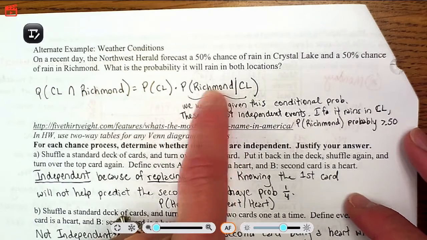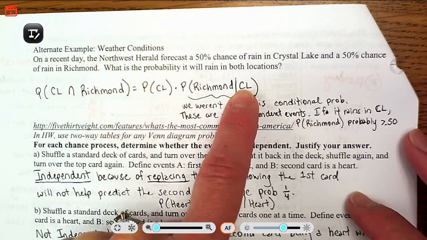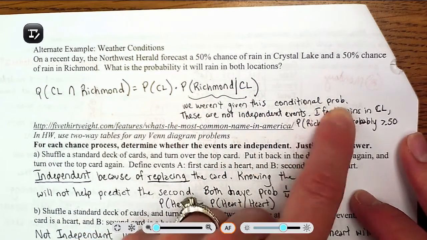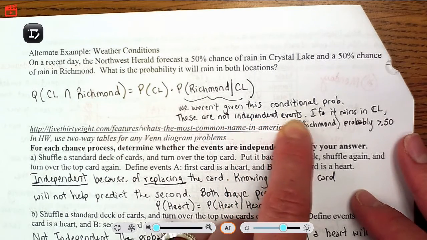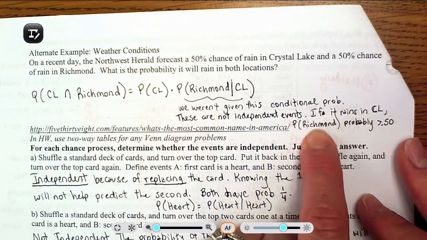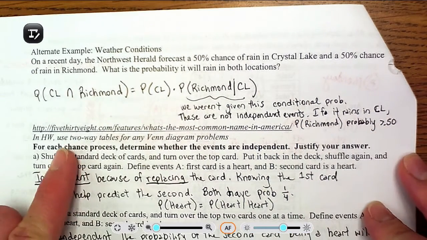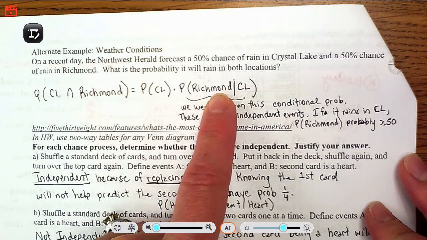But the chance here will increase because we know that it rained in Crystal Lake. And so if the storm hit Crystal Lake, it might be a little more likely that it also hits Richmond. So we weren't given this conditional probability. These are not independent events. So if it rains in Crystal Lake, the probability it rains in Richmond is probably greater than 0.50. Okay, so for independent events, you can just take the probability of one times the probability of the other.